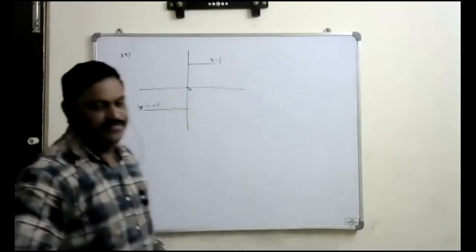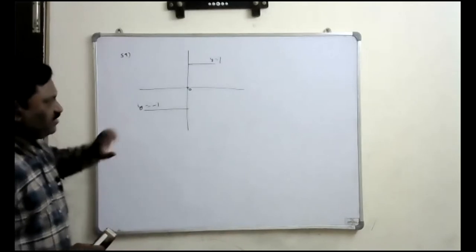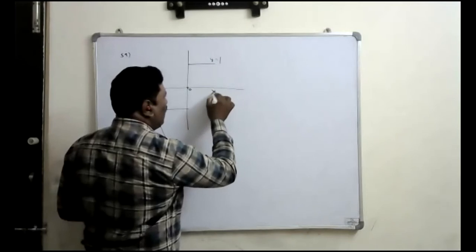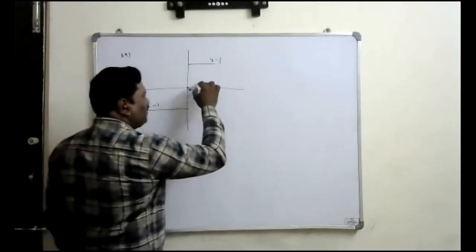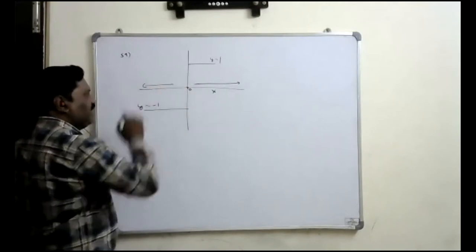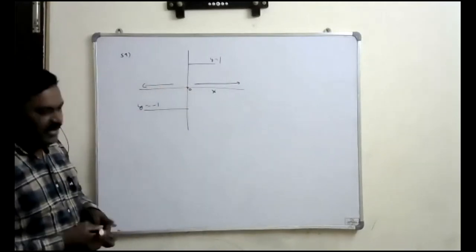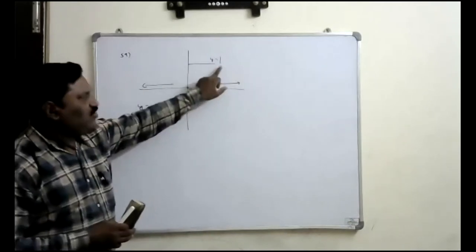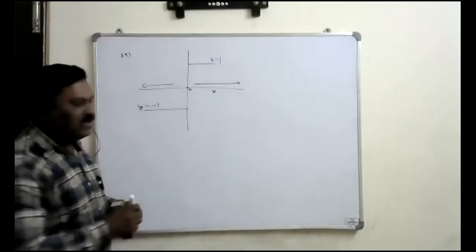Let's understand this graph. These are the values of x, this side positive and this side negative. When x is positive, for all these positive values, the y value is 1. That is the meaning of that.